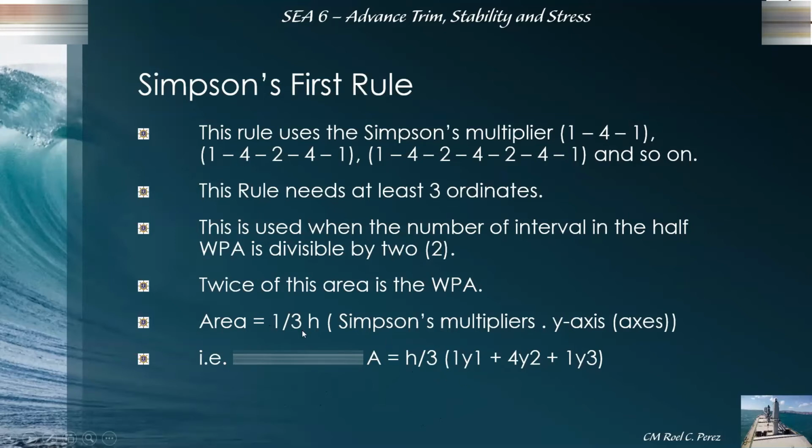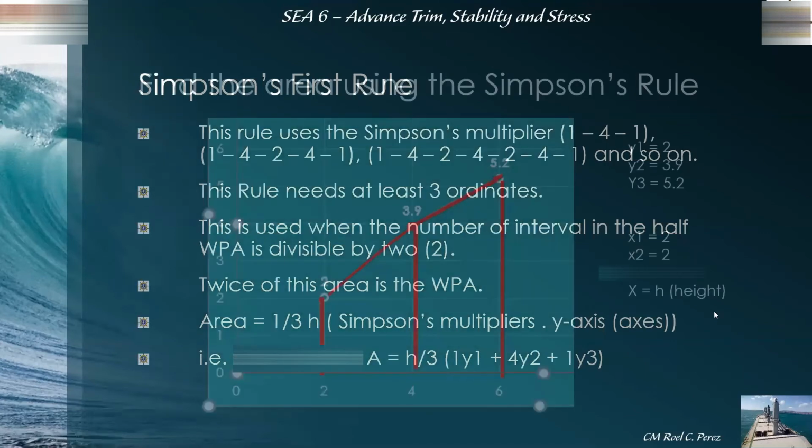That is 1/3, but your multipliers will be 1 times y1, 4 times y2, 2 times y3, plus y4. So very easy.